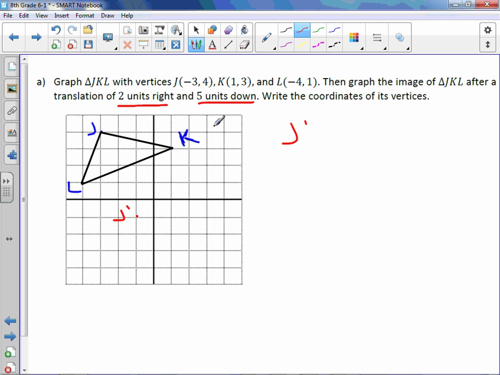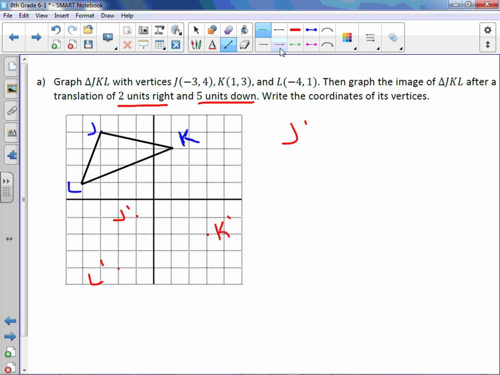Okay. Now let's do K. Again, we're moving 2 units right and 5 units down. And this point would be K prime. L, 2 units right, 5 units down. And this would be L prime.